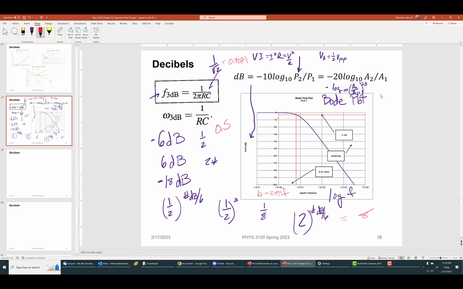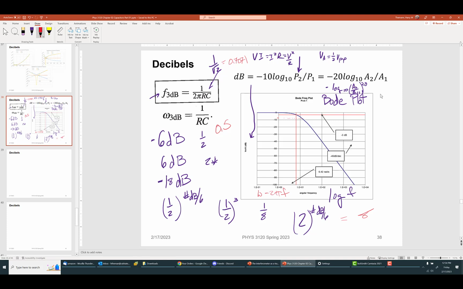So decibels are defined as minus 10 times the base 10 logarithm of power out over power in. And the 10 has to do with the fact that they wanted to have the V out over V in or P out over P in equal to 1.